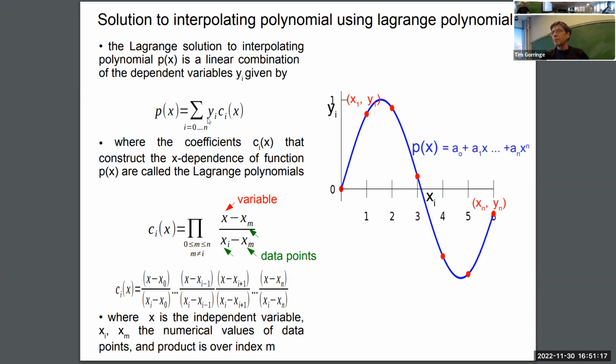So in our case, we've got a sum over 7 data points, where what we're summing is the product of each dependent variable, so that's the yi's, times this quantity here called ci. It's a set of coefficients that are weighting the dependent variables, constructed from what are called Lagrange polynomials.